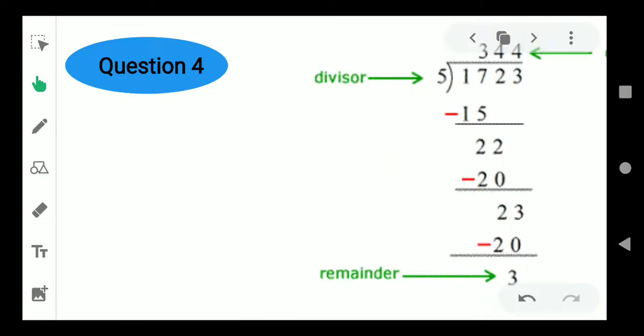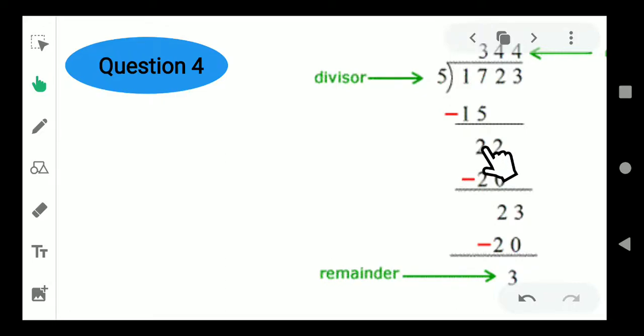Question 4. 1723 divided by 5. Let's do the division first. In 1 there is no 5. So consider the two digits, 17. In 17 how many 5s are there? 3. 3 5s are 15. Subtract it. 7 minus 5, 2. 1 minus 1, 0.